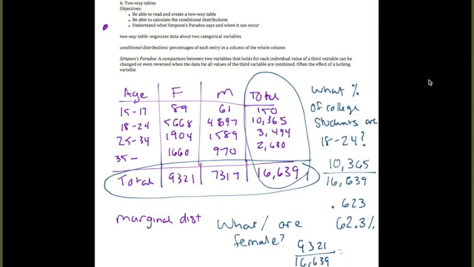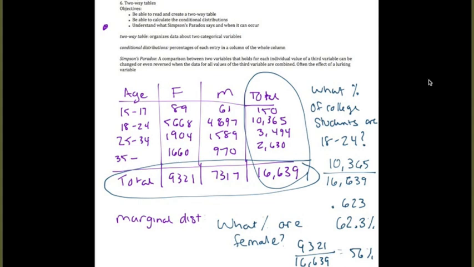And so we get 56%. Without doing any calculation, what percent are male? 100 minus 56, so 44, right? Because students are either male or female.